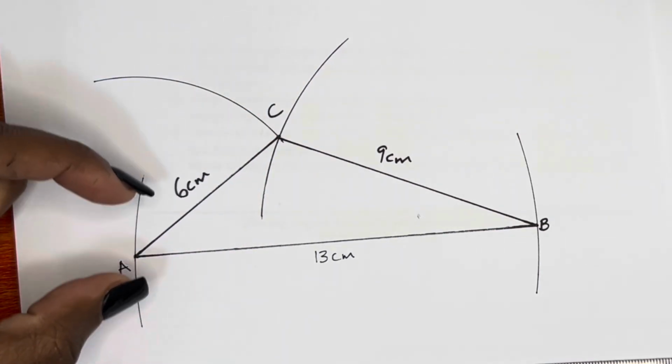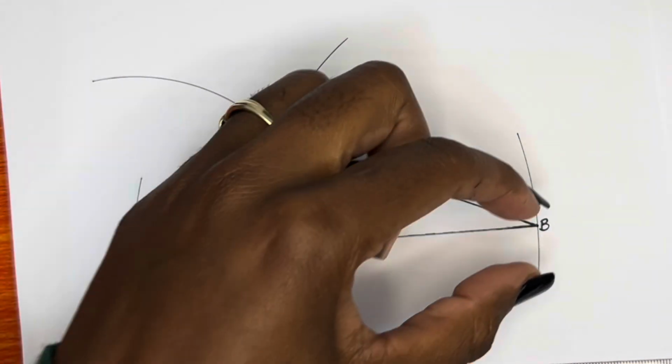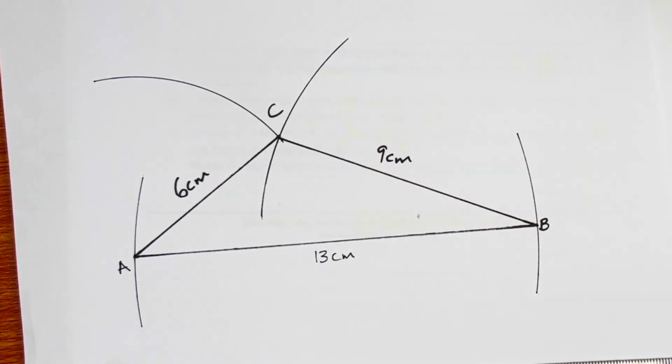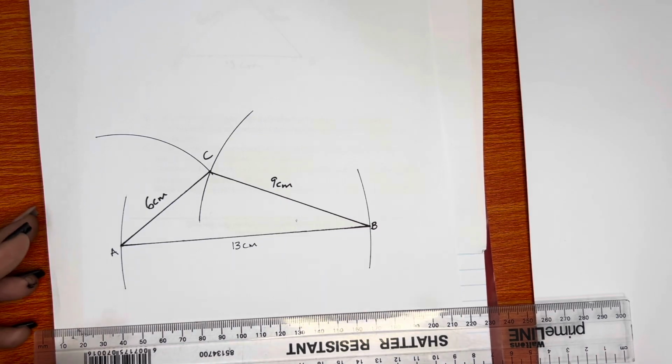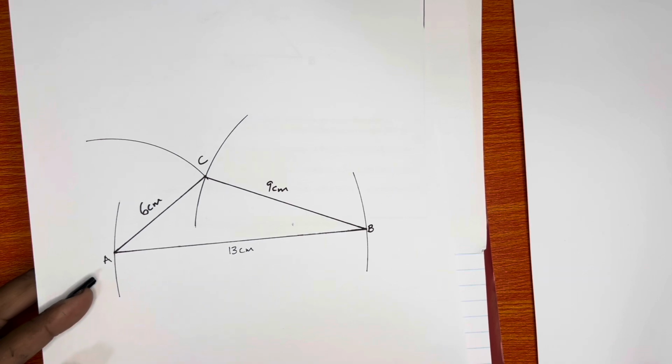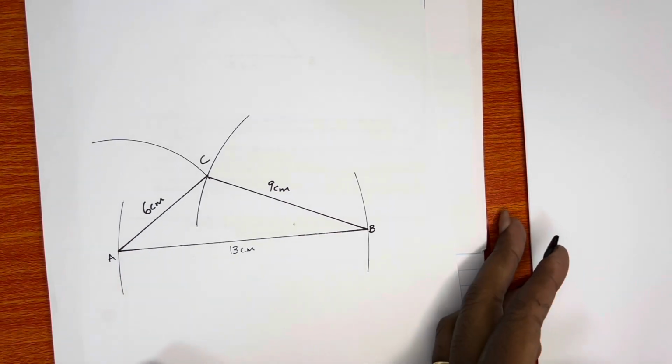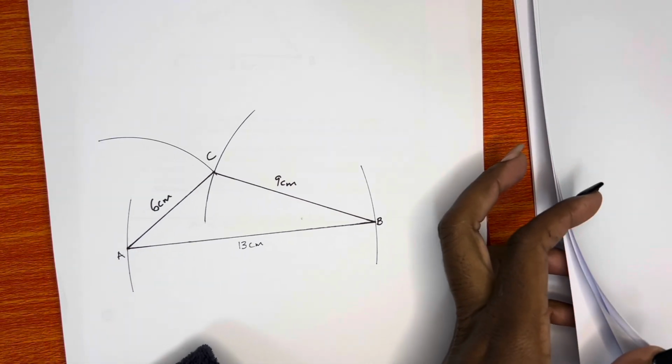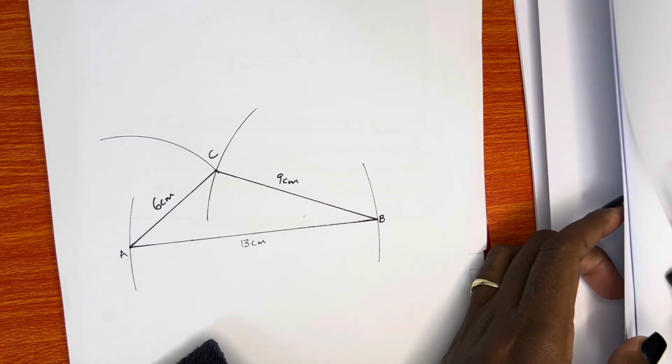You are allowed to clean it up a bit if you feel that your arcs are too long, so that those arcs don't interfere with what you are going to present. So I'm just quickly going to redo this with a pencil, because I don't want us to work with an ink pen, because then we are not going to be seeing what is going on here.